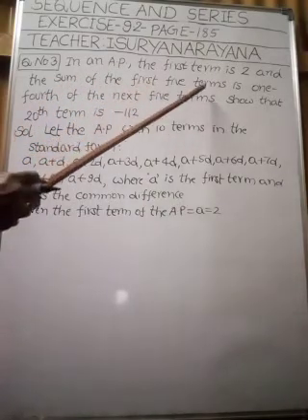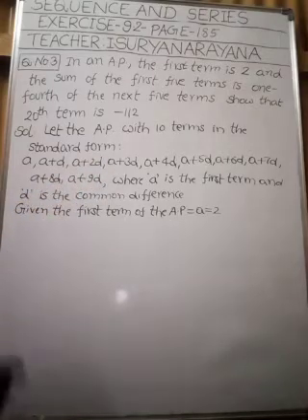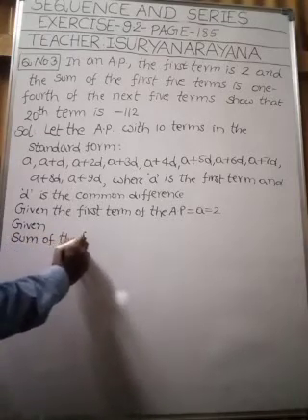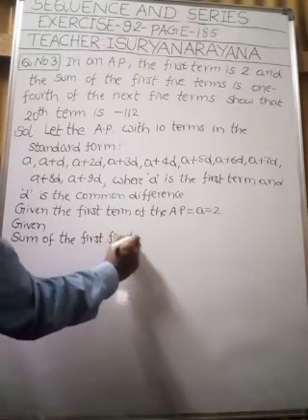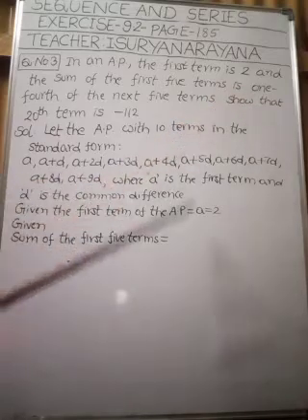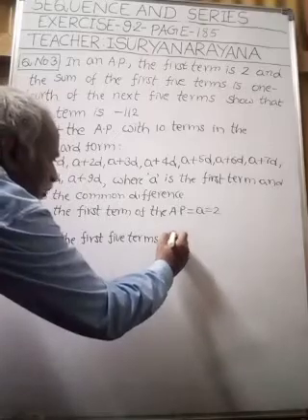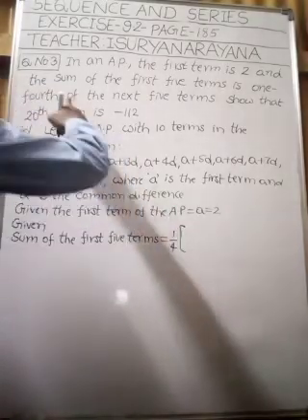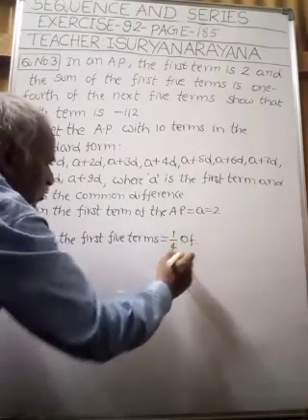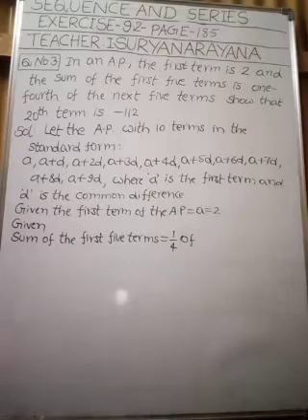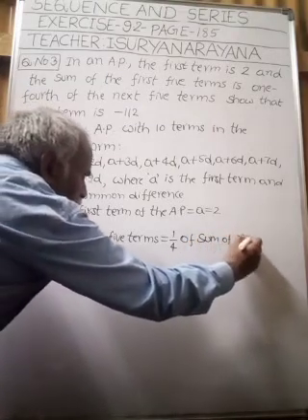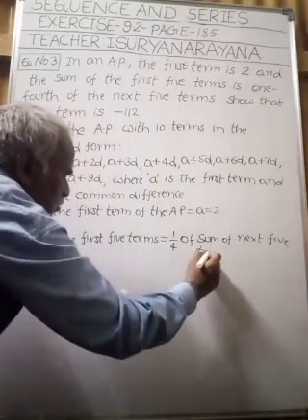The sum of the first 5 terms is equal to 1/4 of the sum of the next 5 terms.